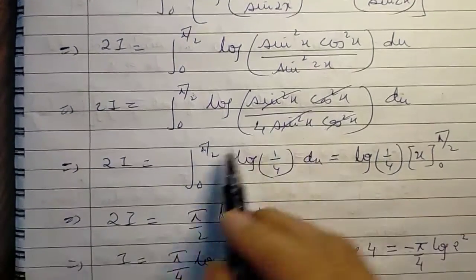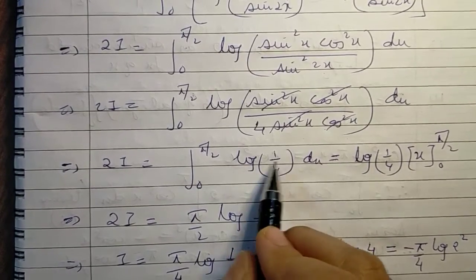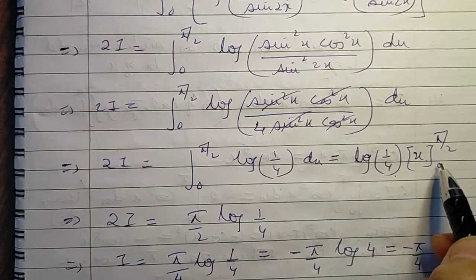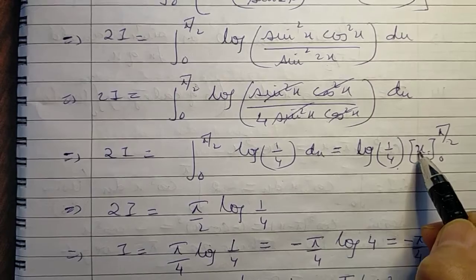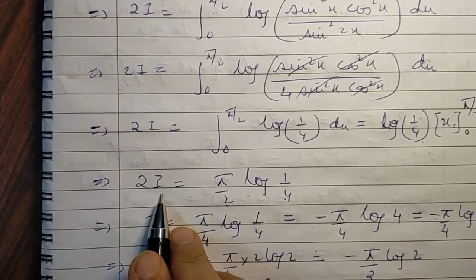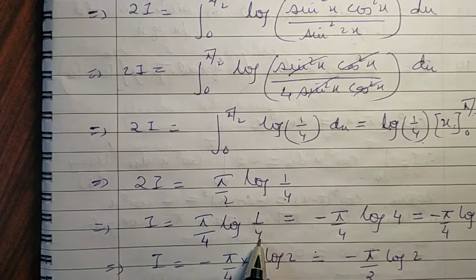These can get cancelled. We are left with log of 1 by 4, which being a constant gives us log of 1 by 4 times x. After applying the limits, we get pi by 2 log 1 by 4. This is the value of 2I. So I comes out to be pi by 4 log 1 by 4.